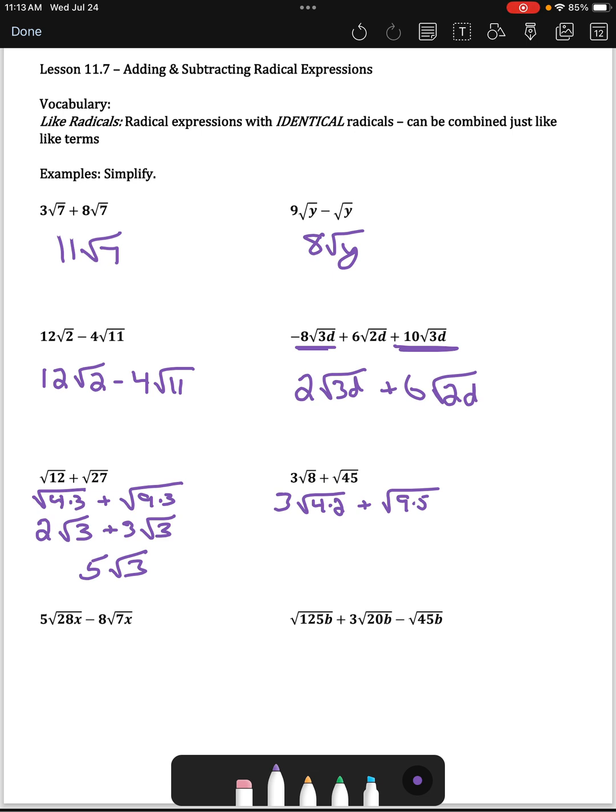I only want to use a multiplication statement that involves one perfect square. So 8 is 4 times 2, that's the only multiplication fact for 8. With 45, 9 times 5 is probably the first multiplication fact you think of. There's also 15 times 3, but we aren't going to use that one because 15 and 3 are regular numbers, they're not perfect squares. I want that 9.